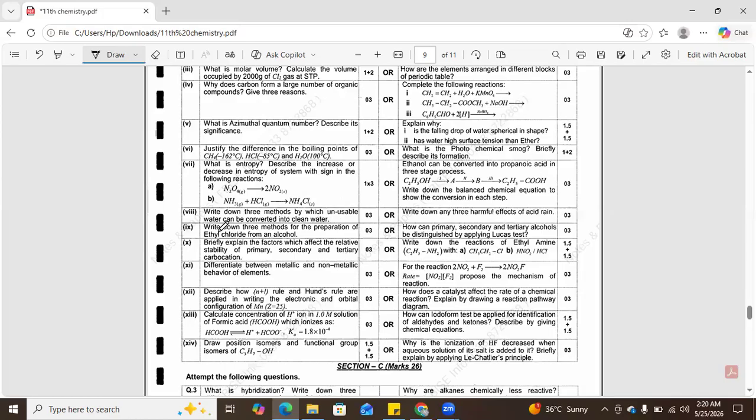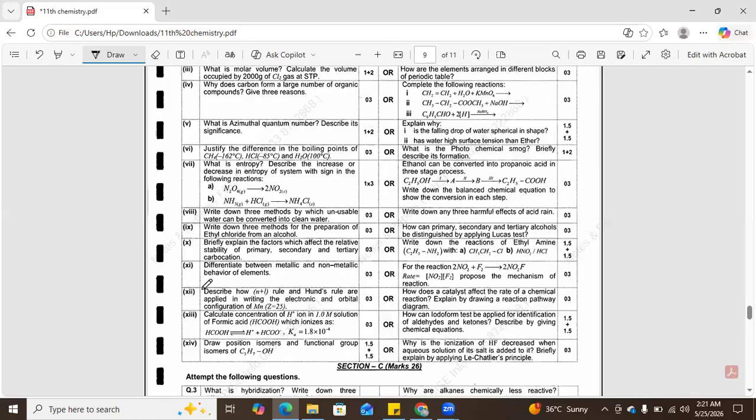Write down 3 methods by which unusable water can be converted into clean water. Write down 3 methods of the preparation of ethyl chloride from an alcohol. Number 10, briefly explain factors which affect the relative stability of primary, secondary, and tertiary carbocation.